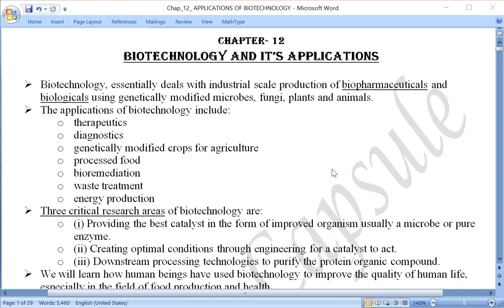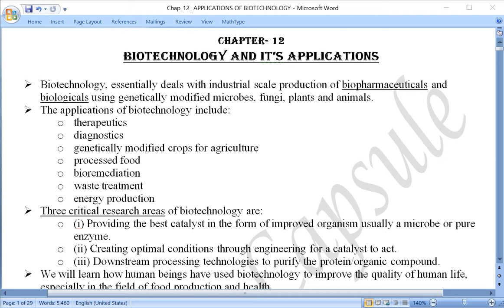In most cases when we consider the use of biotechnology, we are getting some products which are useful mainly for human beings, maybe for some treatment purpose, or some other products which are first of all produced at industrial scale, and then are available to the general public for use.